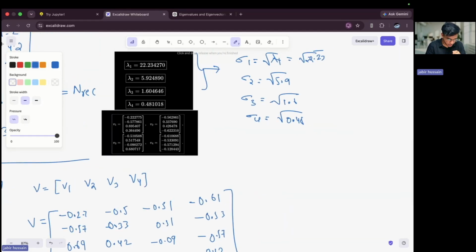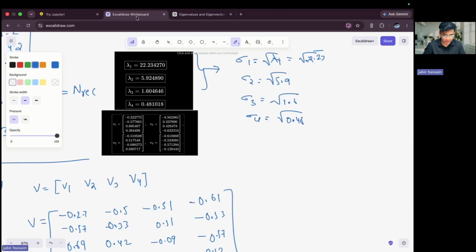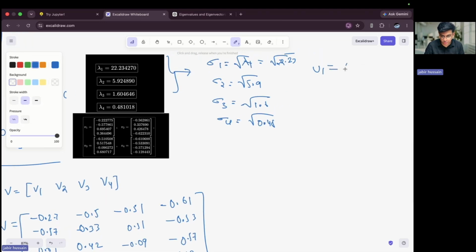Now let's find U, because we know the formula of U. We'll get 4 U's. Remember, u1 is equal to A v1 divided by sigma 1, u2 is equal to A v2 divided by sigma 2. Here A is our recentered Netflix matrix. u3 is equal to A v3 divided by sigma 3, and u4 is equal to A v4 divided by sigma 4.